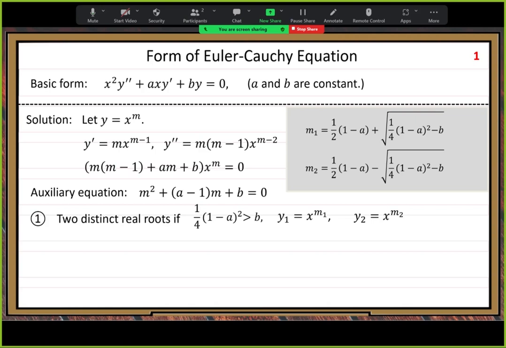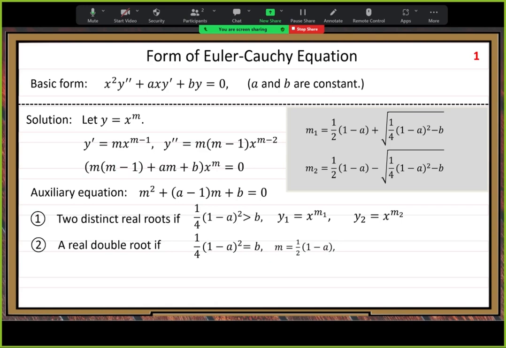Now, the double root case: real double root, the expression under the root equals 0. This time, because the root part is 0, m equals 1/2 times 1 minus a.